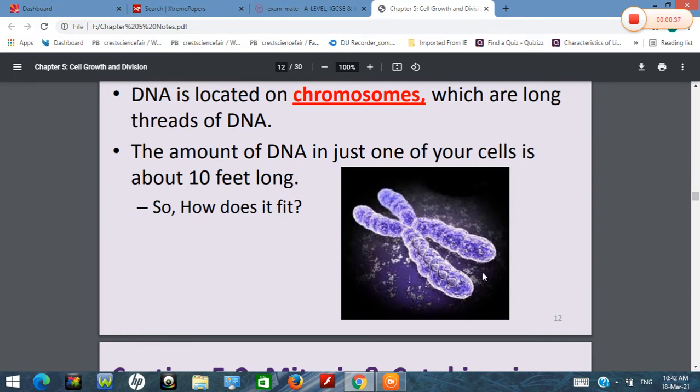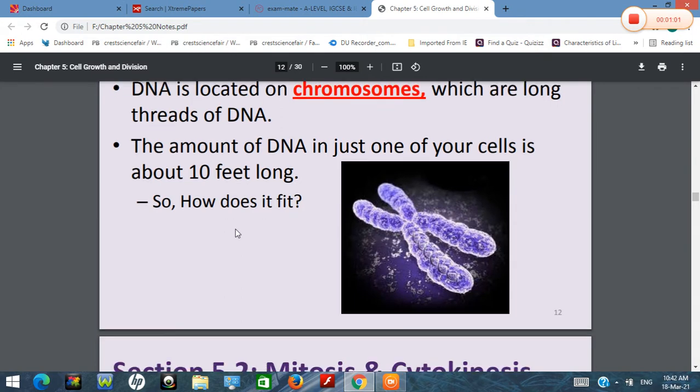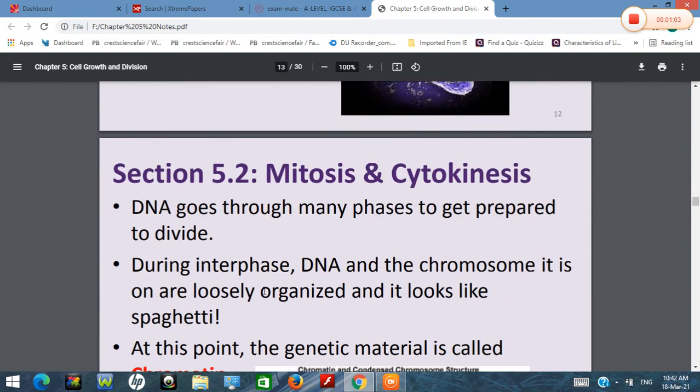As you can see, these two chromatids are connected together at a midpoint called the centromere, and this chromosome carries the DNA, which includes the sequence of our genes or genetic materials.